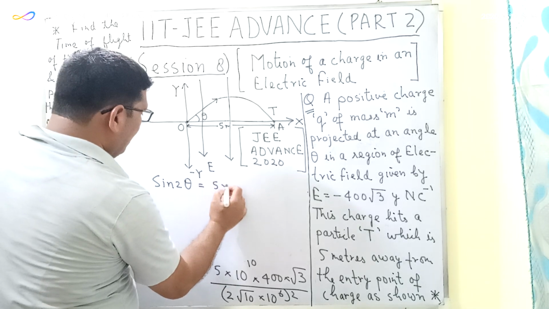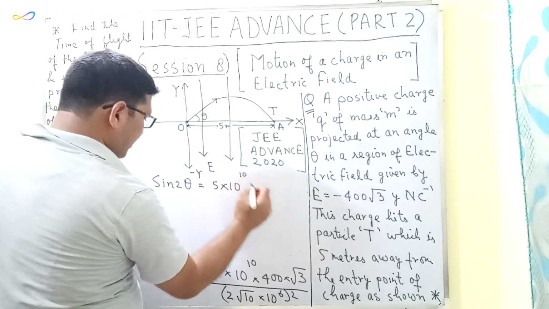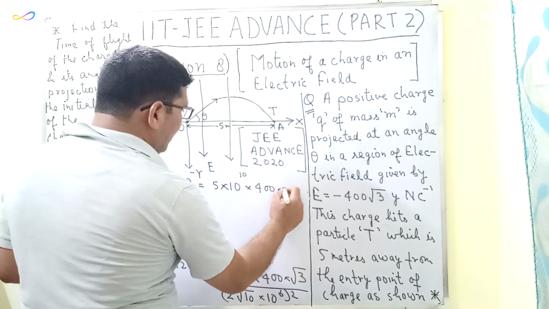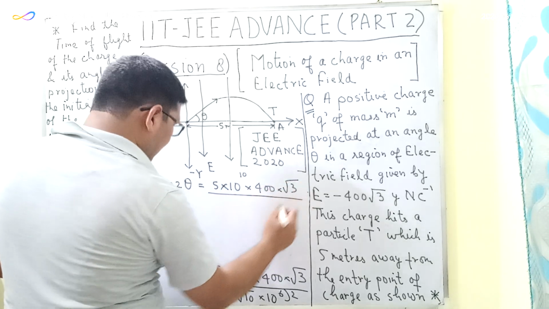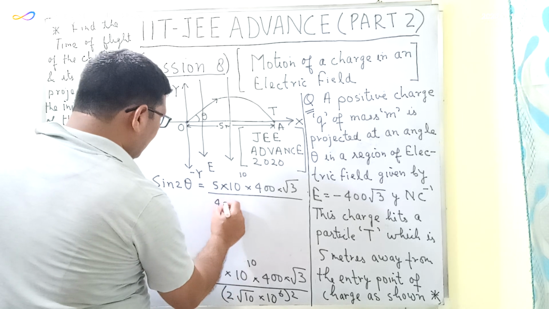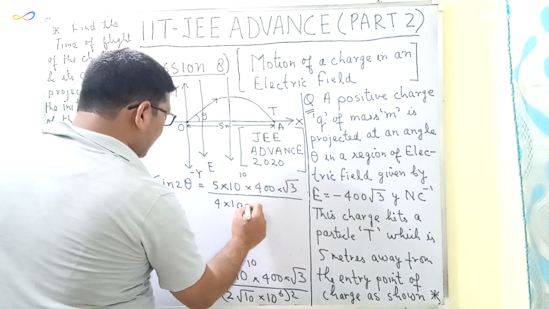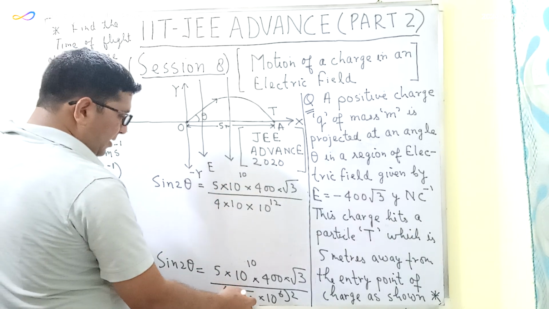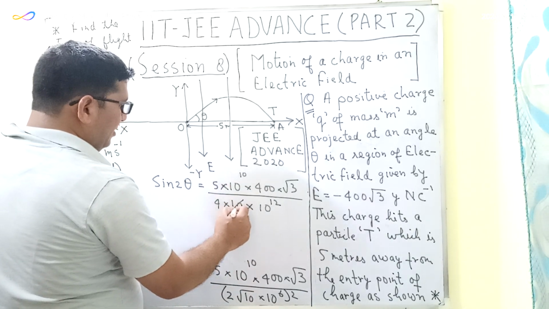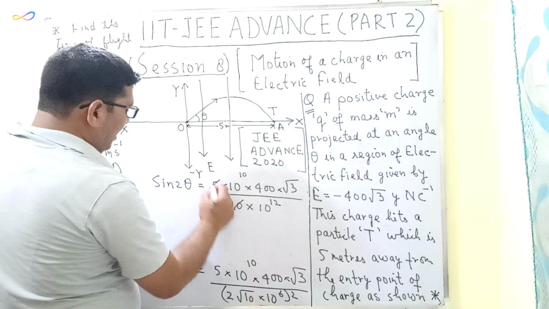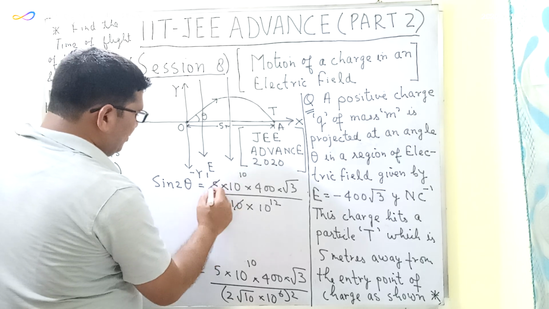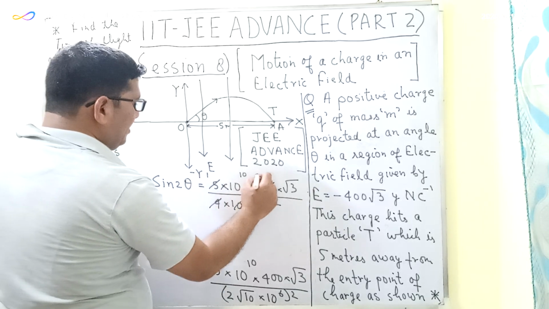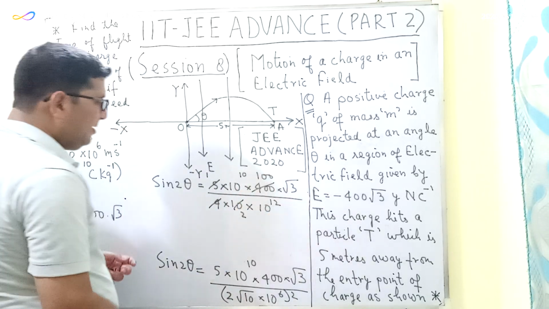5 into 10 to the power 10 into 400 into root 3 divided by 4 into 10 into 10 to the power 12. So from here I will be getting 5 into 1 is equal to 5, and this is equal to 2, and this will get cancelled out, and this will become 100.